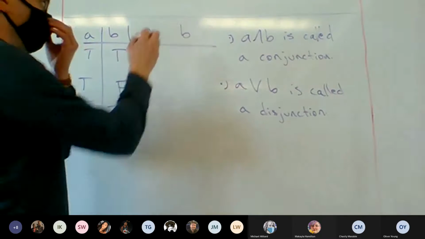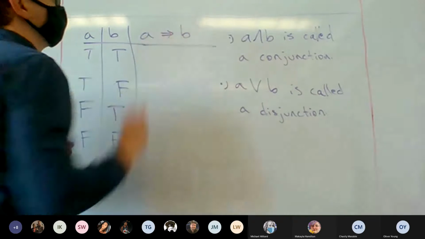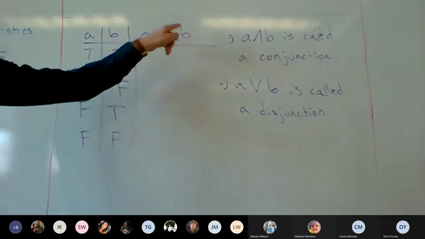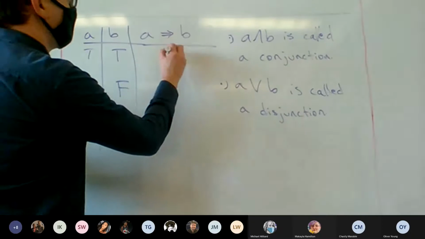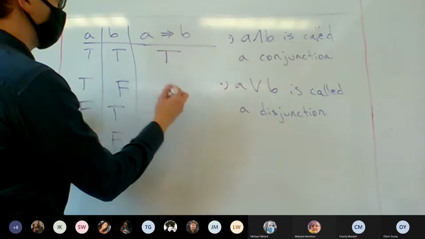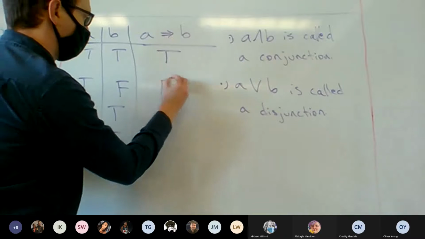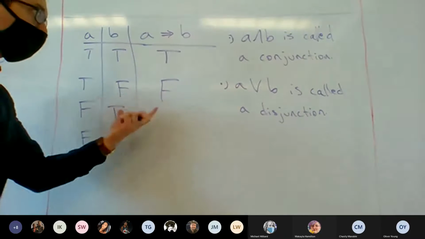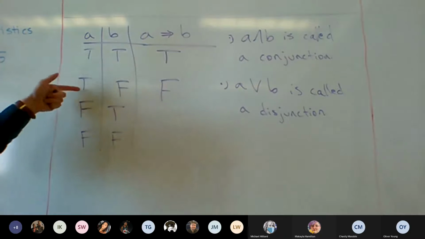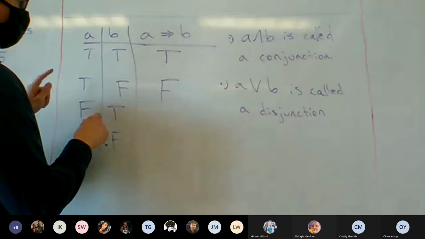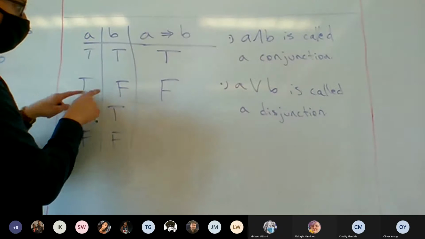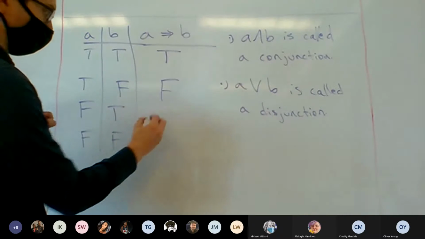So the last one was A implies B, or if A, then B. This one warranted a fair bit of discussion, but we finally came to the same page, that it's only false when the first part of the statement is true and the second part is false. So when it has an input in this order of true, false, then it outputs false.